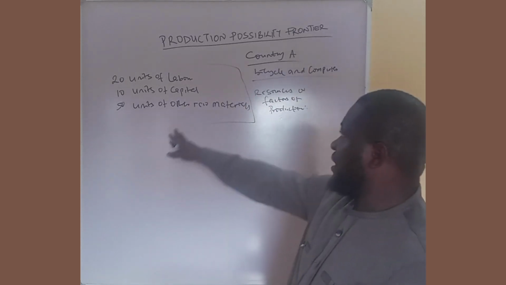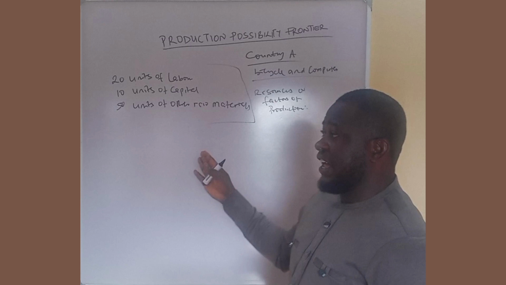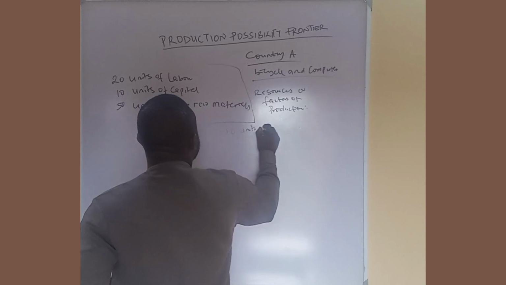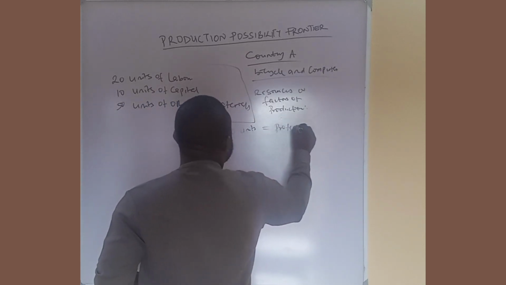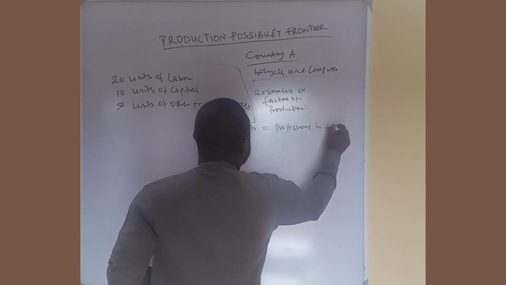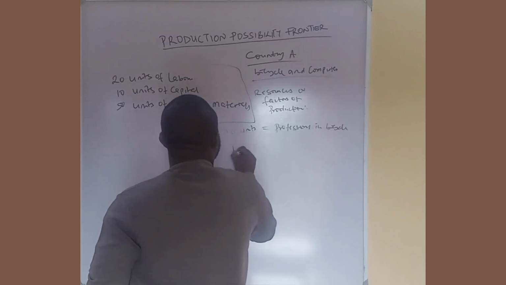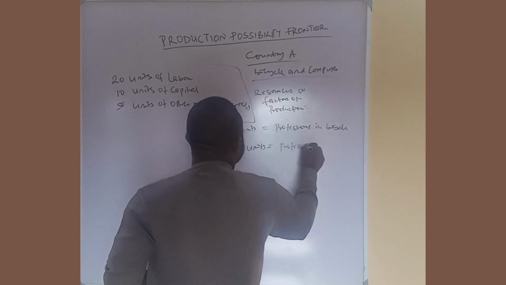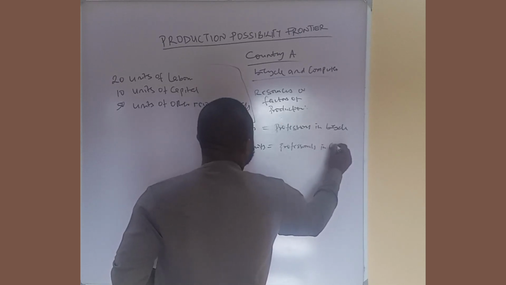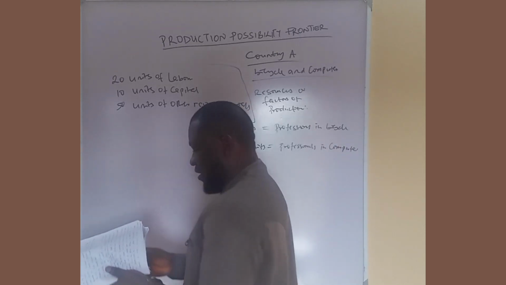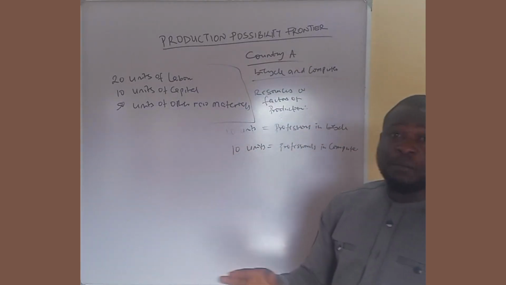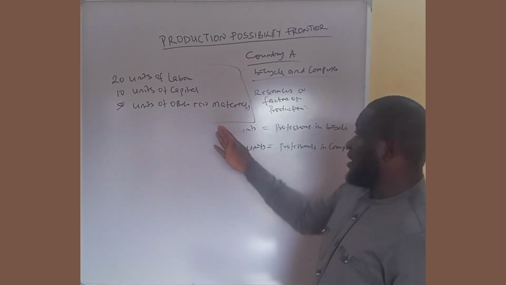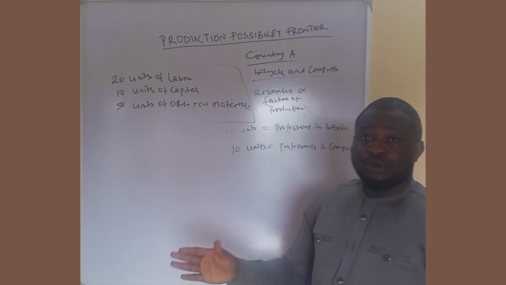Let's be more specific. Assuming that out of the 20 units of labor that country A has, 10 units of labor are professionals in bicycle production, meaning that they are experts when it comes to producing bicycle, and the remaining 10 units are professionals in computer production.